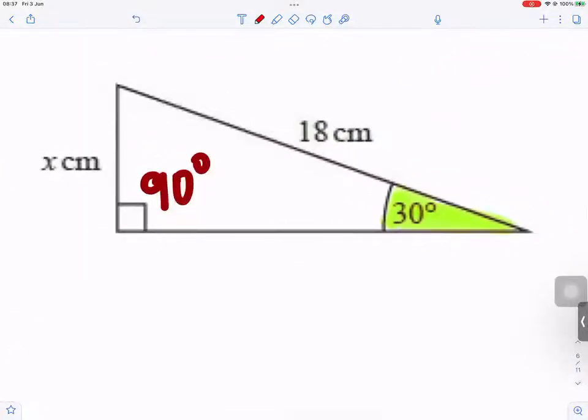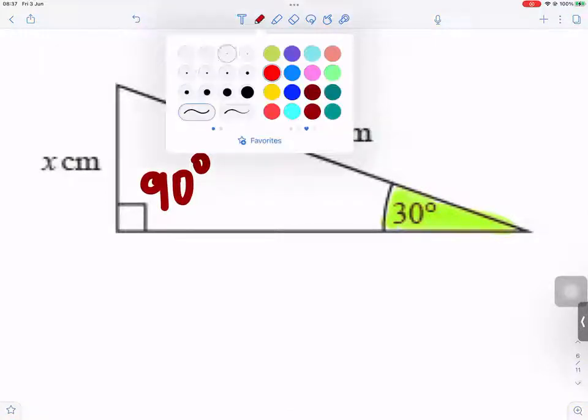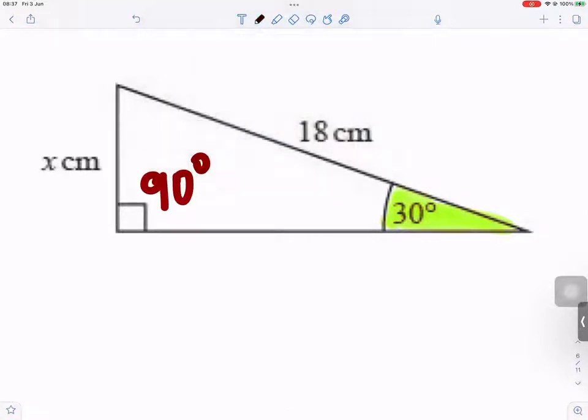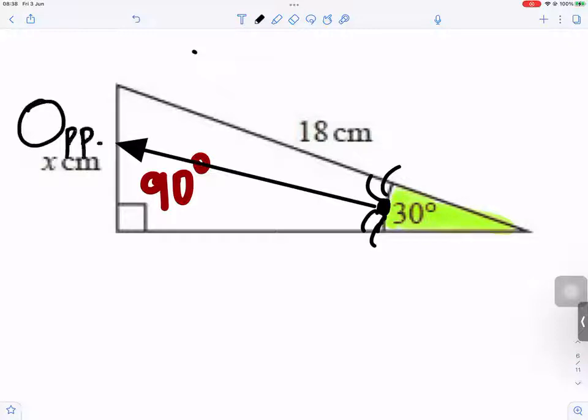If I were to put somebody's eye here, and let's say that's the eyelashes, and the person is looking this way, so this side will be the opposite. The one which is next to the eye is called the adjacent.